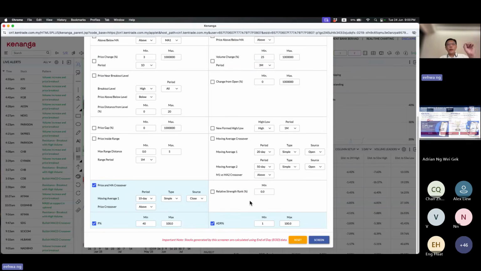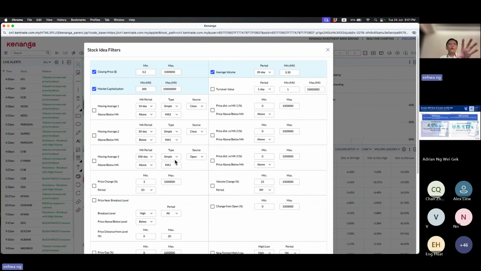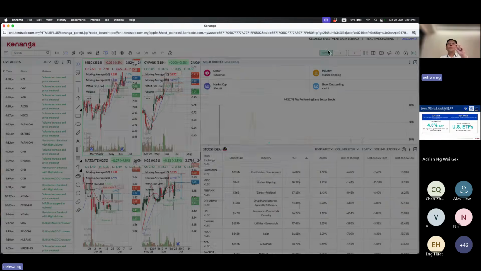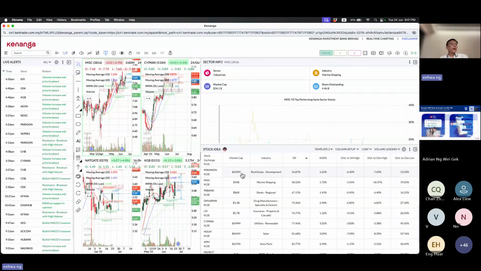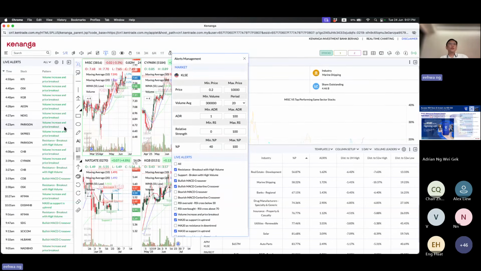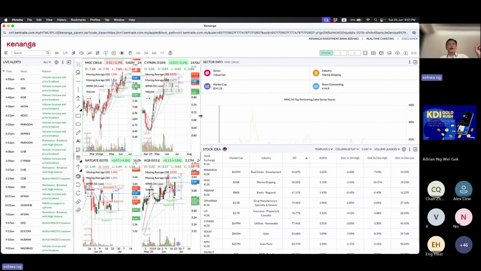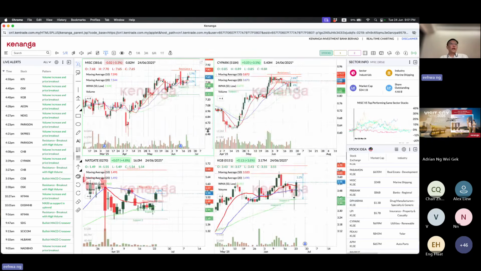It is free on the Kentrade platform. So play around with it, select your favorite filters, then screen the market faithfully every day. Then your live alerts, from tomorrow onwards start to monitor. When a good stock comes in with a reason to go up, you shall take the trade. Okay, so with that, I will end tonight's session and hand over the session to Adrian, please.